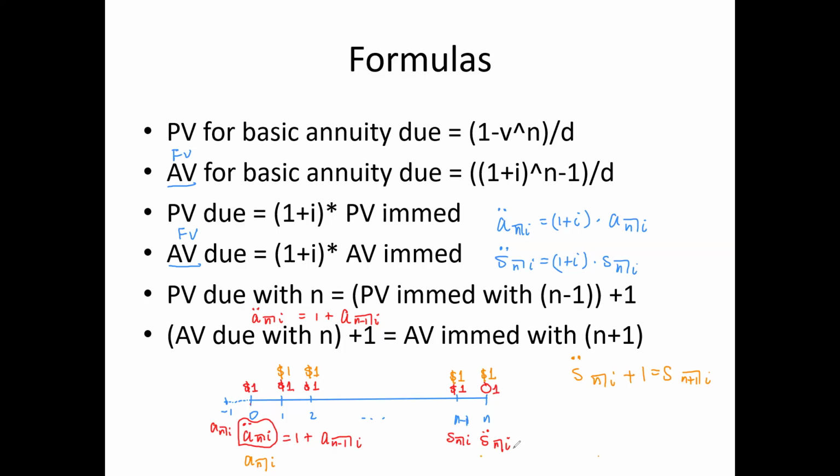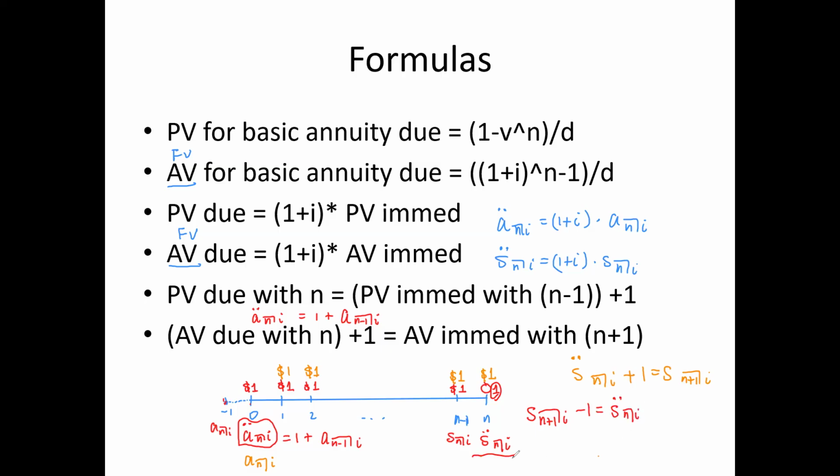Now you look at this red inked cash flow. You actually have n plus 1 payments, and these $1 happen at the end of each time period, assuming you start from the later one, because the first $1 is at the end of this time period. So in total you have n plus 1 time periods, n plus 1 payments, so you have S sub n plus 1 angle I. But that one is not there, so it's minus 1, and you would get the original.